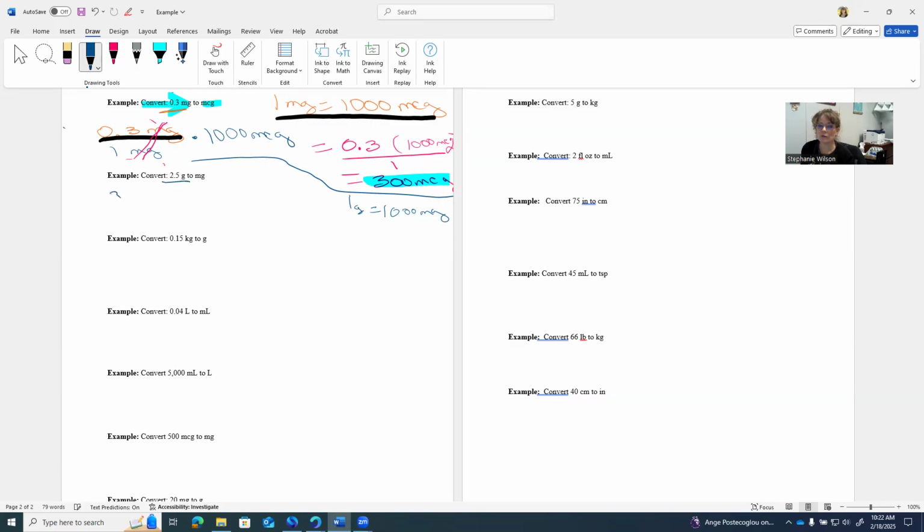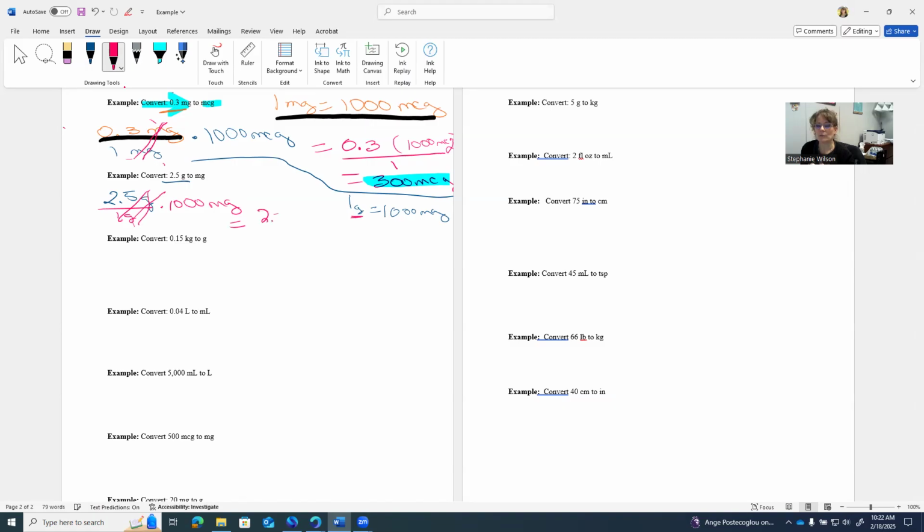So what do we have? We have 2.5 grams, and I'm going to divide by whichever one of these that we know has the gram on it, which in this case is 1 gram. Then I'm going to multiply by the other part. So now our grams reduce down to 1. That's what we want.